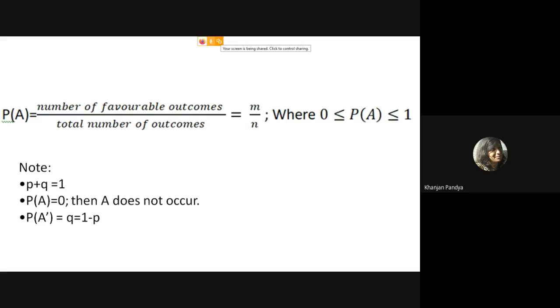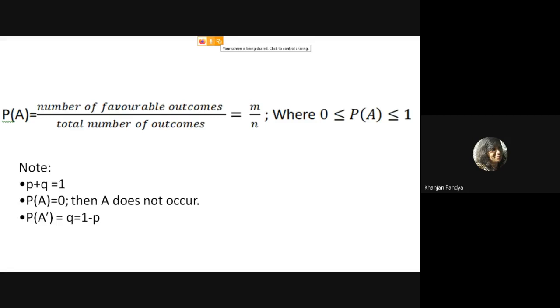Total number is 6. And for the number of favorable outcomes, if I have an event that number 4 occurs, how many times does 4 occur? One time. So 1 divided by 6. That will be the probability of the event with number 4.